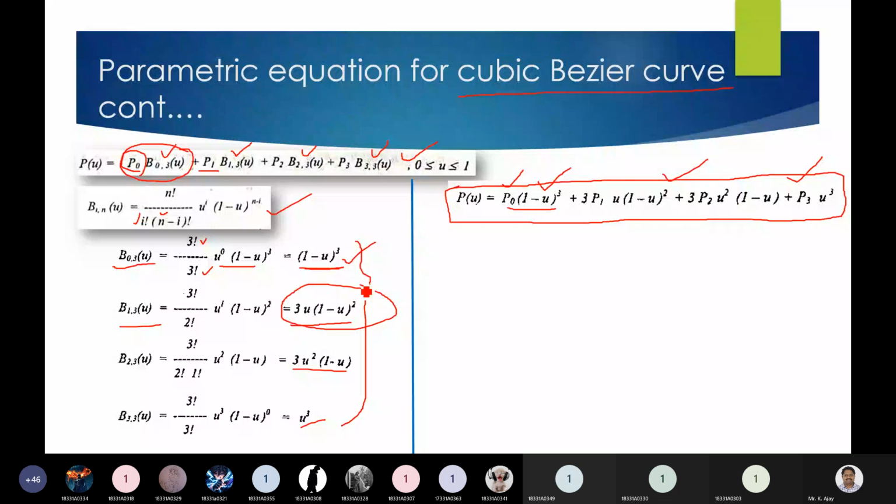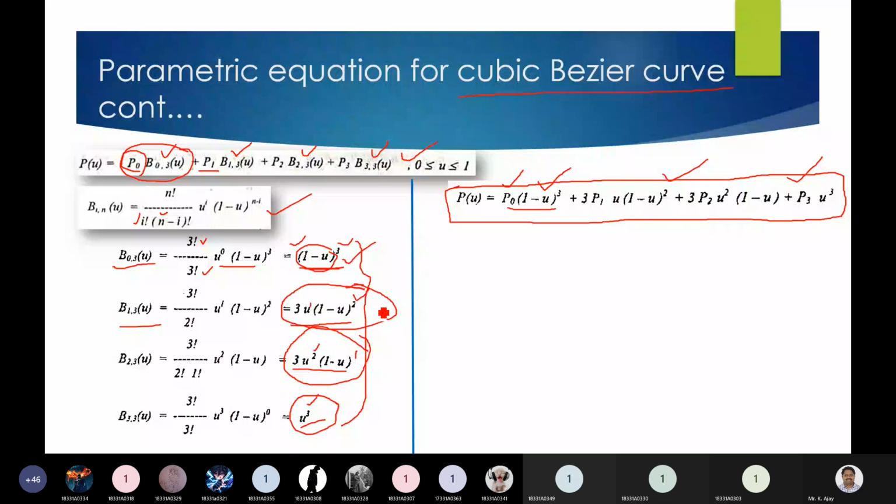I want you to remember, the power of u is 0 in the first term, whereas the power of u is increasing 1, 2, 3 like this. Whereas the power of 1 minus u is decreasing, starting from 3 to 2, and then 1, and finally 1 minus u to the power of 0. So you can easily remember like that. On top of that, you get the number 3 for the second and third terms. That is how you can remember the overall parametric equation.